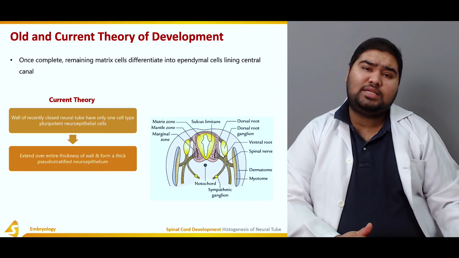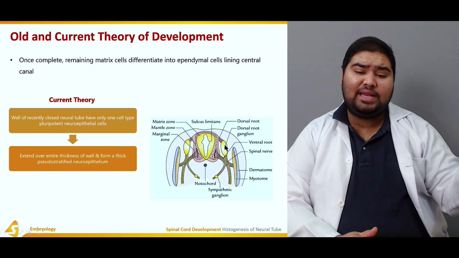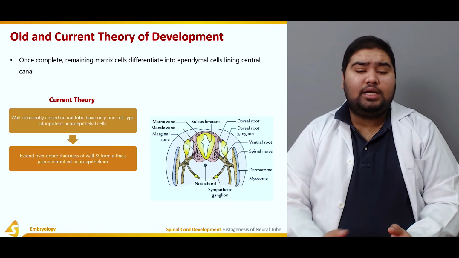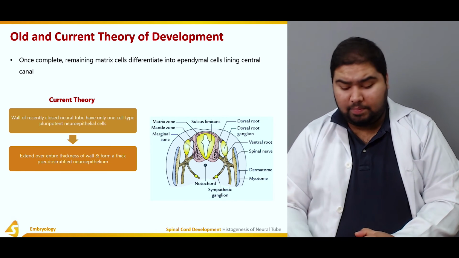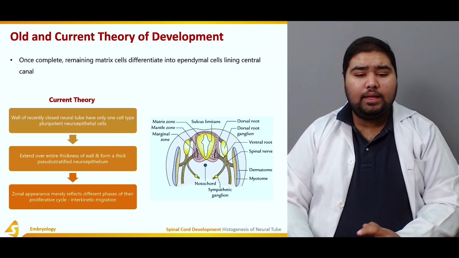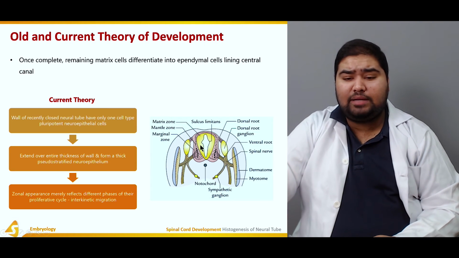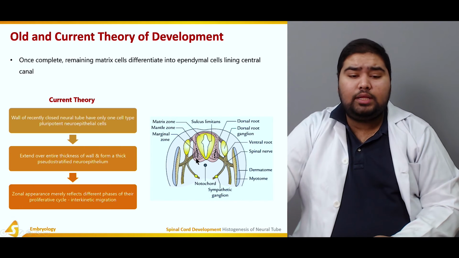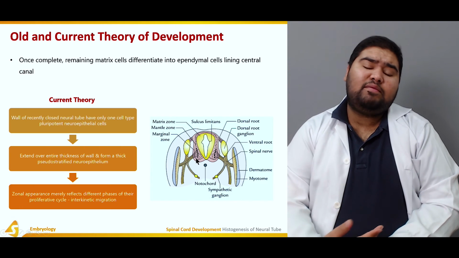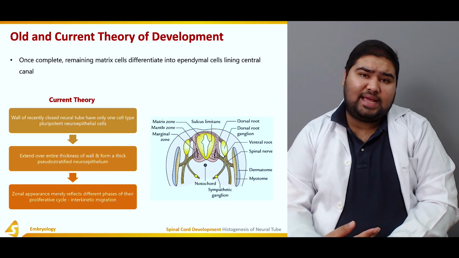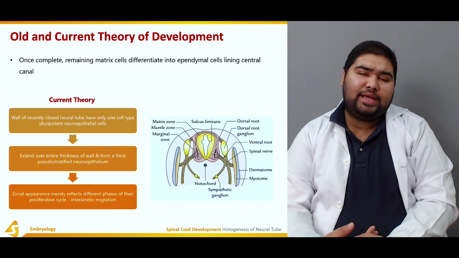Now this zonal appearance, the zones we talked about, the matrix zone, the mantle zone, the marginal zone, merely reflects different phases of the proliferative cycle, that is interkinetic migration.